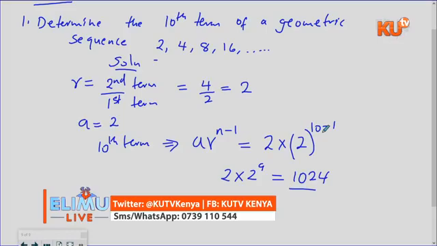That is our first question. We can look at a second case.